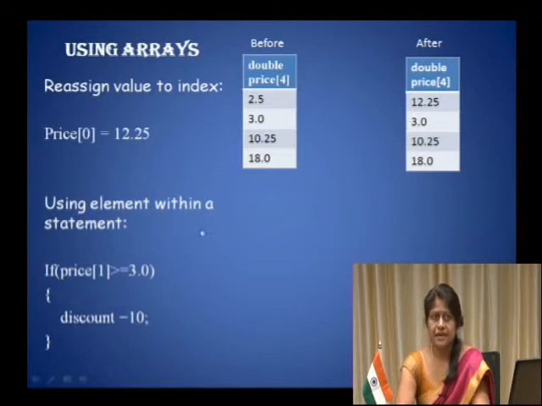If it is greater than or equal to 3.0, that is, it is equal to 3.0, some action must go on, that is we are saying discount is equal to 10. So, if the condition is satisfied, we are making some other assignment. So, an array variable can always be referred or accessed just like an ordinary variable, except that we are going to specify the subscript or the index along with the array name.